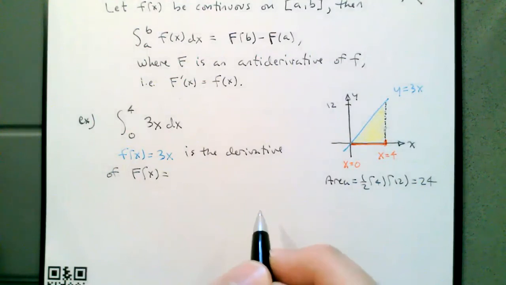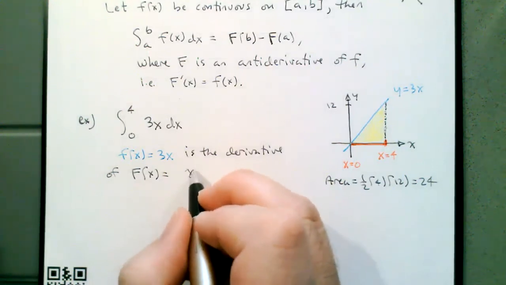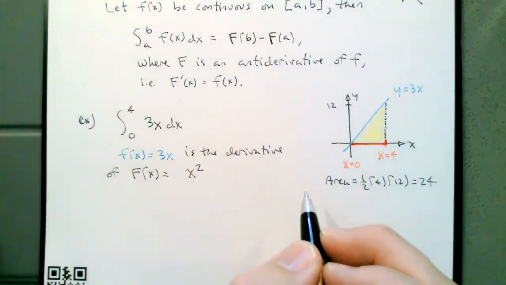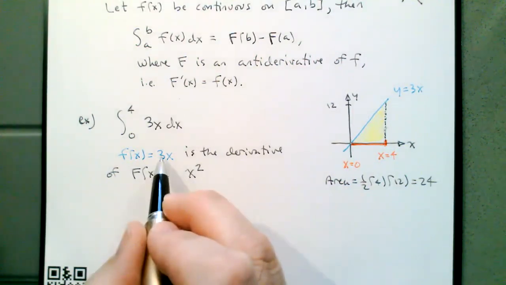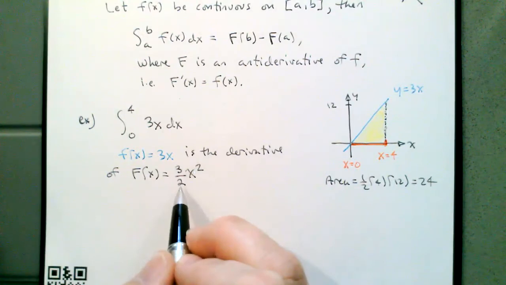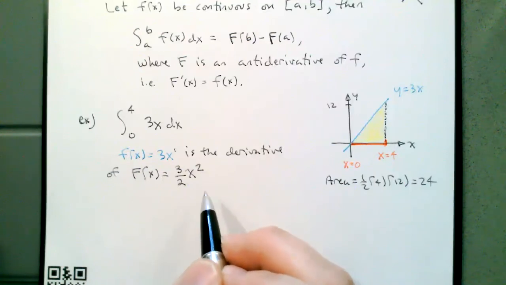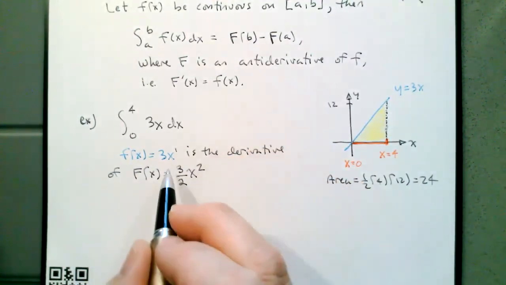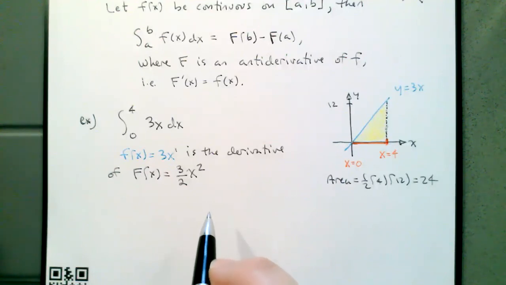Well, it must be something times x squared, because the derivative of an x squared is an x. To take the derivative, I get 2 times x to the first, but I need to have it multiplied by 3. So I need to keep the 3 and get rid of the 2. So 2 times 3/2 is 3, and 2 minus 1 is x to the first. So 3x is the derivative of 3/2 x squared. That is, 3/2 x squared is an antiderivative of little f.